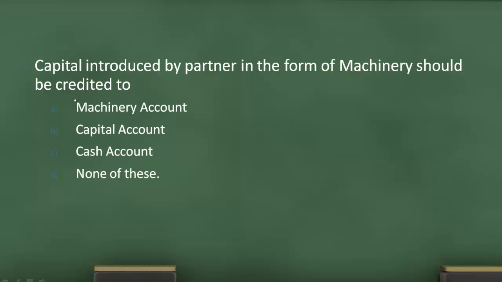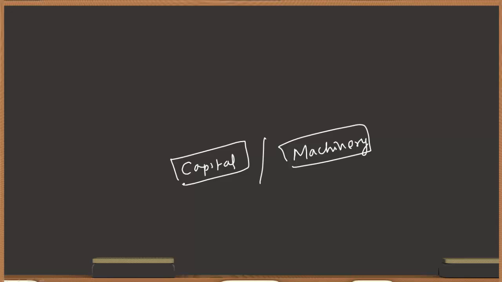Capital introduced by the partner in the form of machinery should be credited to machinery account, capital account, cash account, none of this. Let's understand the transaction. What has happened is capital had come in from the partner, but instead of cash this partner had given machinery. So machinery had come in the form of capital. Capital is a liability, right?